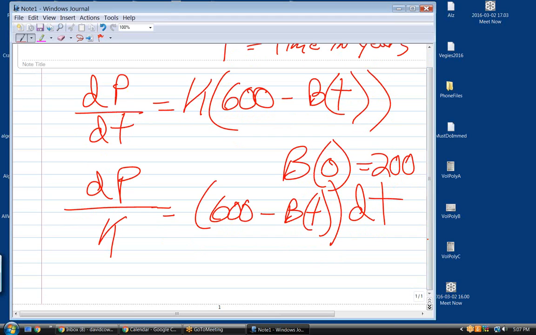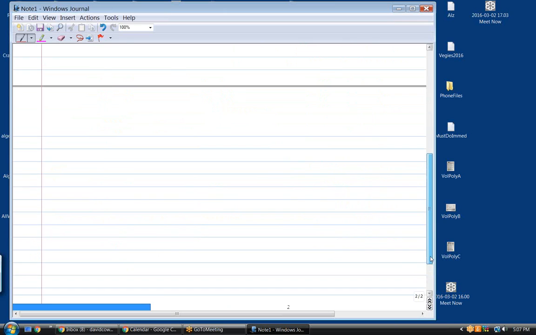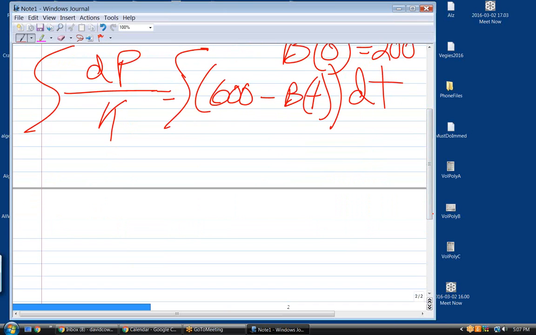Now I want to integrate both sides. What's the integral of the left side? It's just k to the -1, right? Well, it's the natural log of k. Sorry, my bad. Actually, k is not a variable, k is a constant.